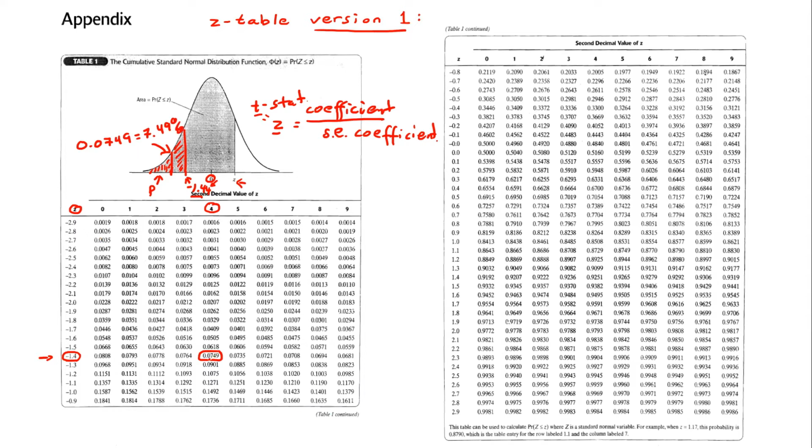So this is how you find the tail probability from this z-table if you have the z statistic.